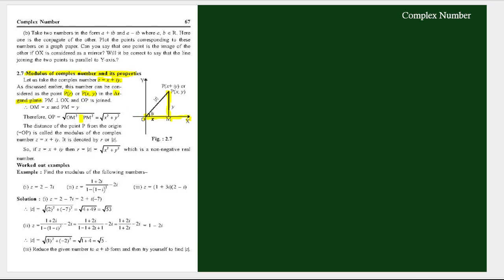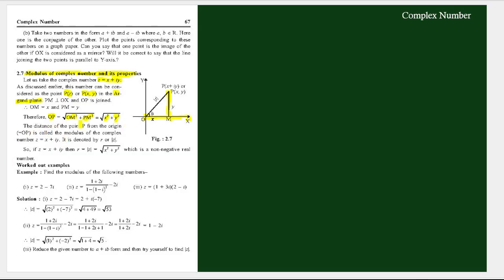Then what will be the distance of these two points O and P? Using the distance formula, OM squared plus PM squared. OM is nothing but your x distance, that means x squared. PM is nothing but your y distance, right? y squared.